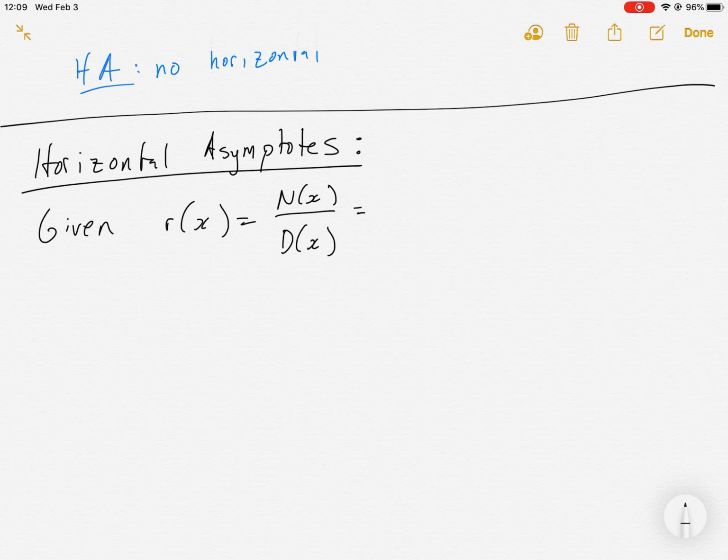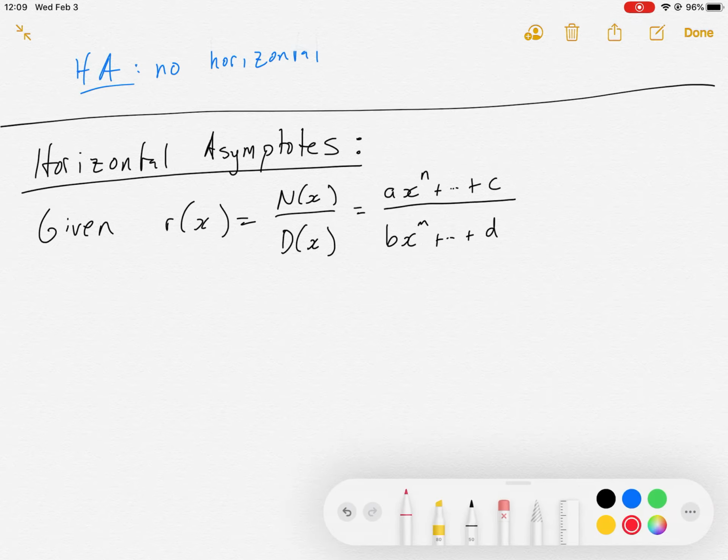Remember, these are polynomials, so we could actually write them as a x to the power of n plus some constant term. I'm going to use a different letter instead of a here. Let's say it's bx to the power of m. We'll just use d here.